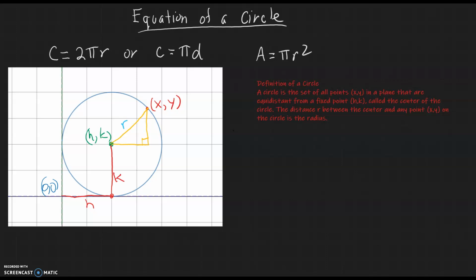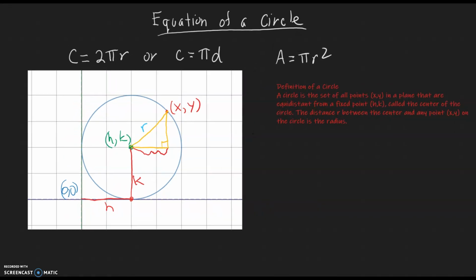So therefore, the distance from the center to this point right here can be thought of as x minus h. And the distance from here to this point here can be thought of as y minus k.